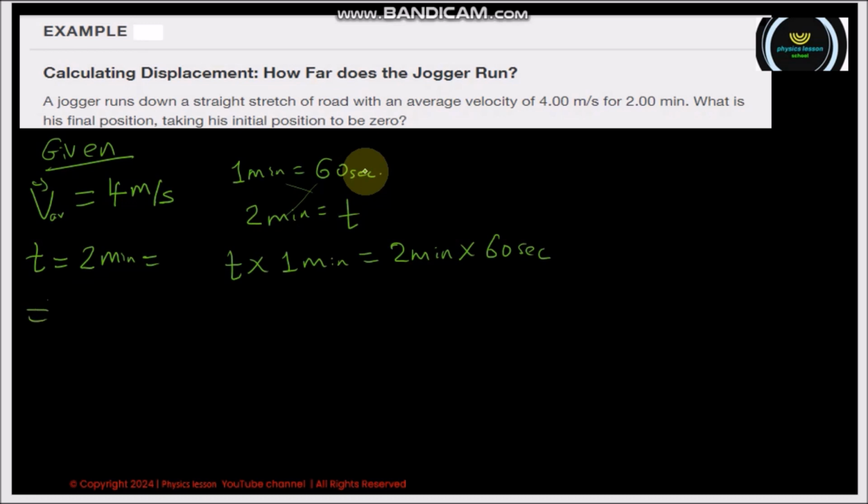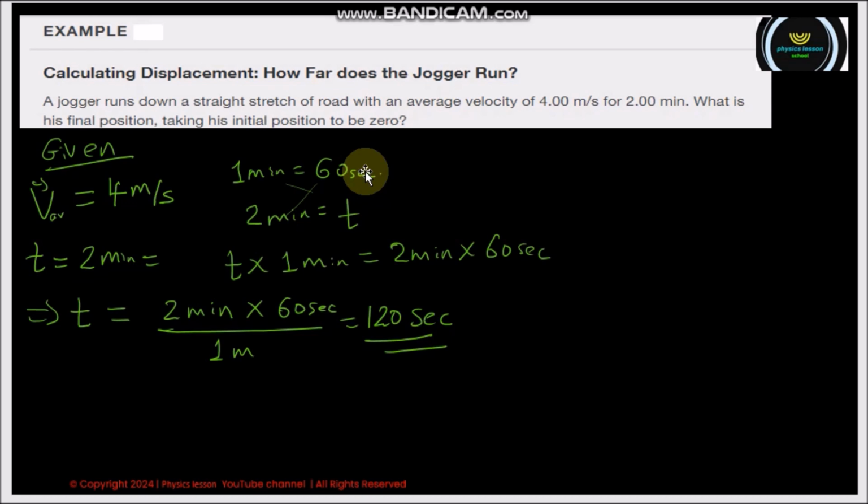This implies t is equal to, dividing both sides by 1 minute, 2 minutes times 60 seconds over 1 minute, which is equal to 120 seconds. You have to convert minutes into seconds.